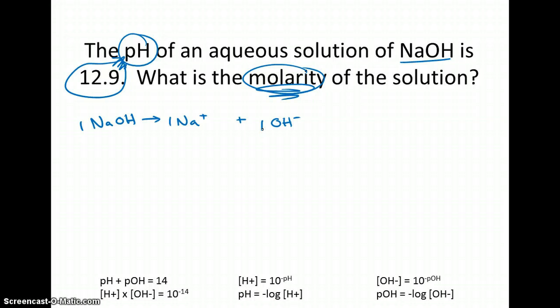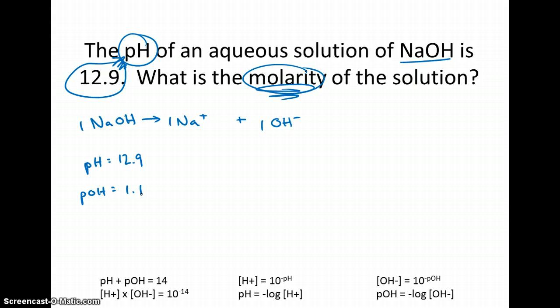All right, what information are we given? We know that pH equals 12.9. We want molarity of the base. Let's try to figure out what we can get from pH. If we are given pH, we can figure out pOH. I know that pH plus pOH equals 14, so 1.1 is the pOH.